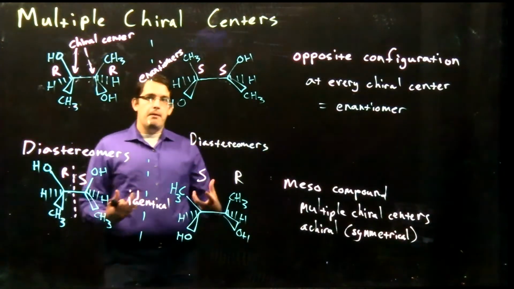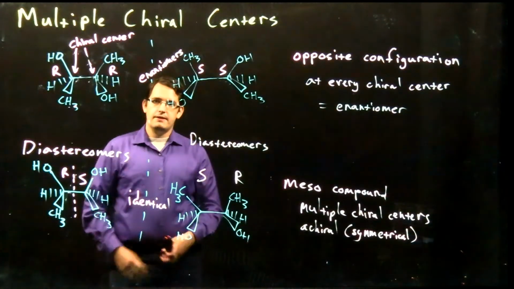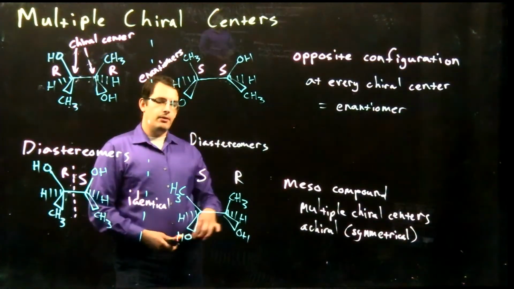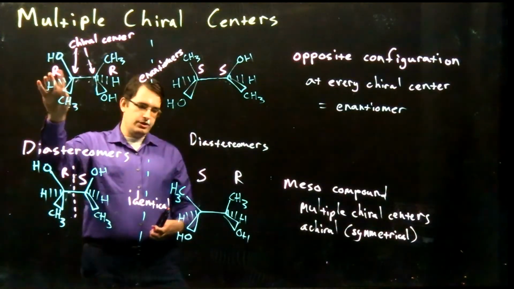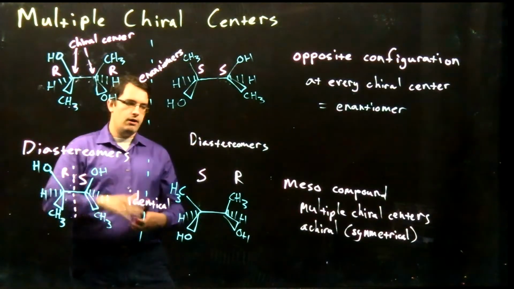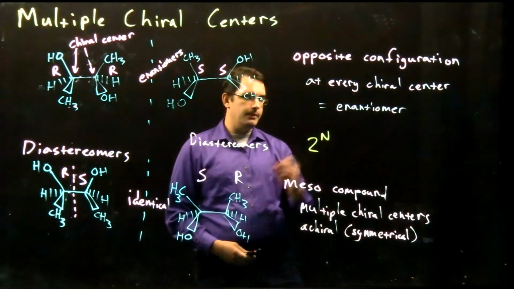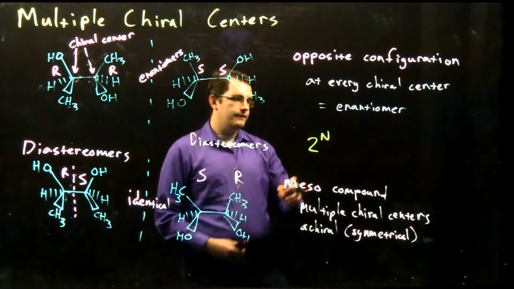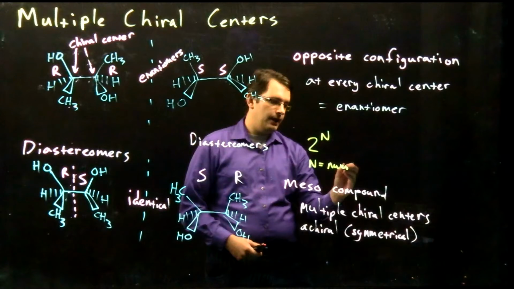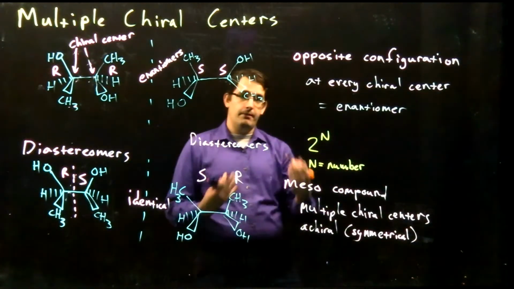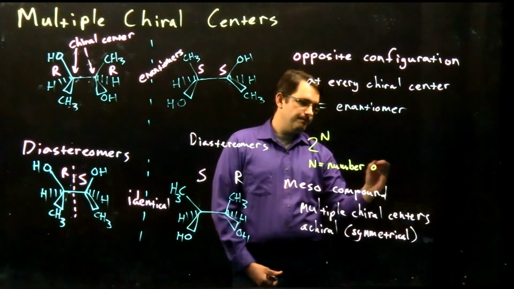So as we add more chiral centers, we are going to see multiple different arrangements of our molecule. Normally, since each of our chiral centers has two different possible configurations, R or S, we'll have 2 to the n different possibilities, where n is the number of chiral centers, and so we're basically taking the number of possibilities for each center and multiplying them together to get the overall number of possibilities.